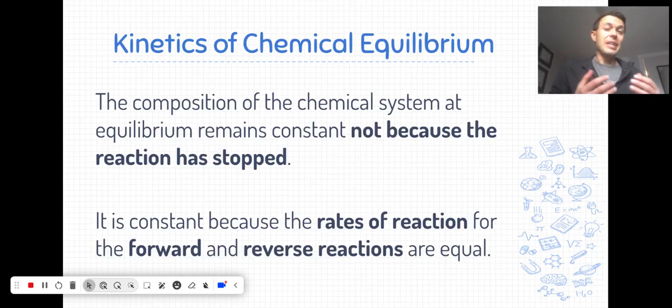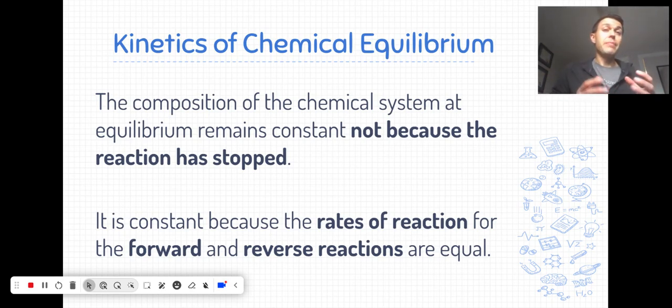Let's now go back to our definition of chemical equilibrium. Recall that in the definition, it described a chemical system where the composition remains constant. Now you might ask, well, isn't that just describing a reaction that is stopped? Well, this is an important distinction with chemical equilibrium.